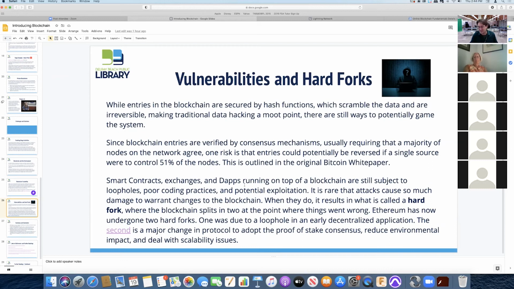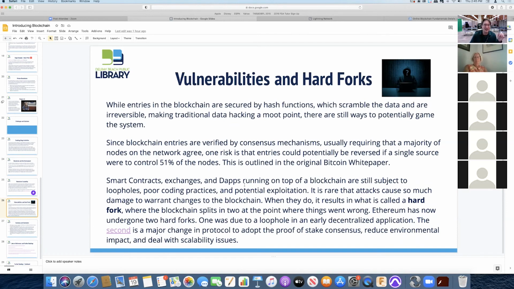The assumption is that there are more good actors on the blockchain than bad actors. If there are more bad actors and they're all working together, which again could seem unlikely, then you could potentially hack the blockchain in a way.